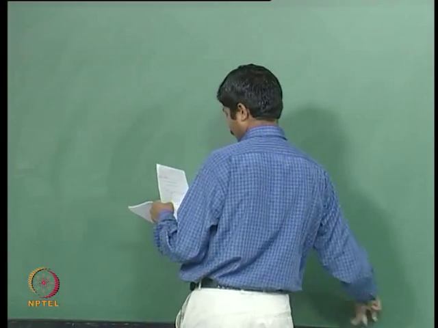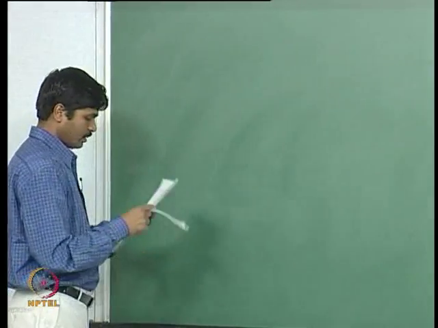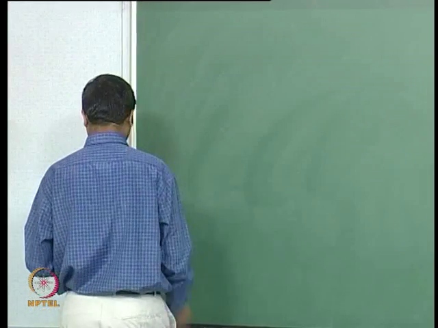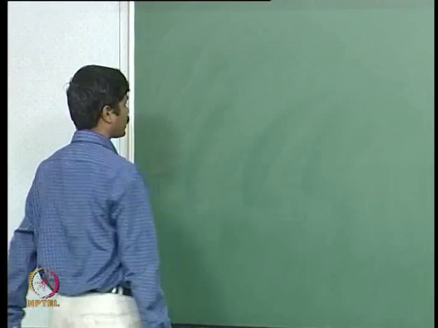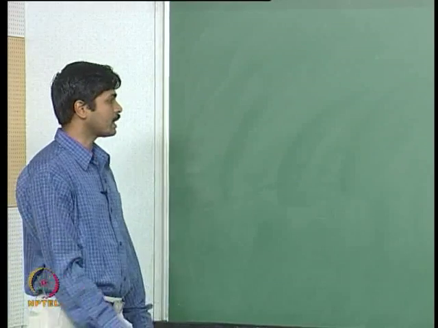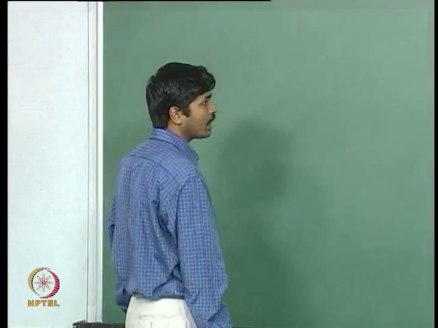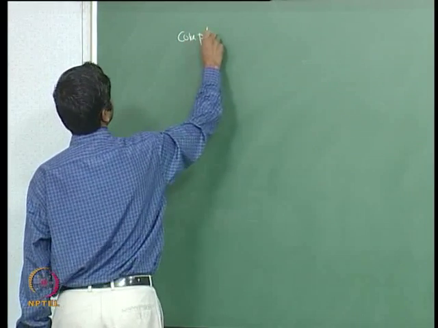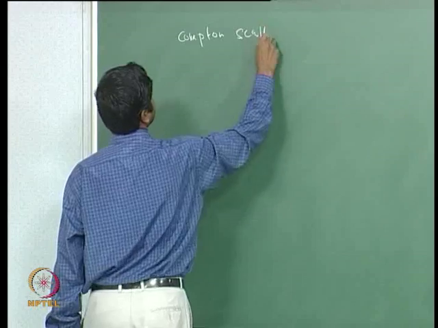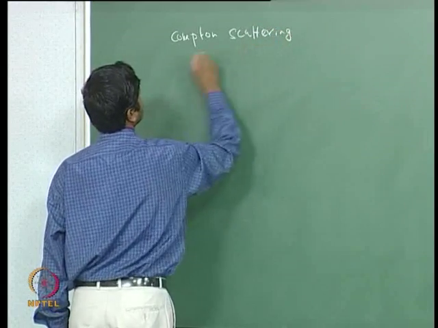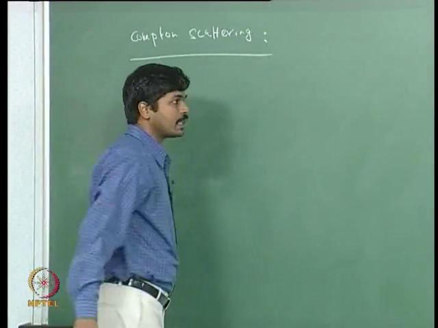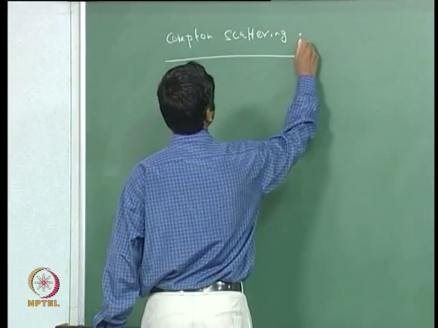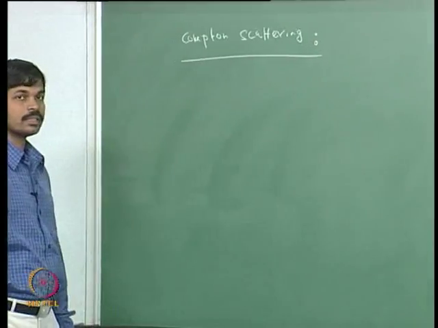So, to compute cross sections, we will do this by considering an example. First, what I would like to do is consider the Compton scattering again, which we have studied in great detail, and then we will compute the cross section for the Compton scattering.